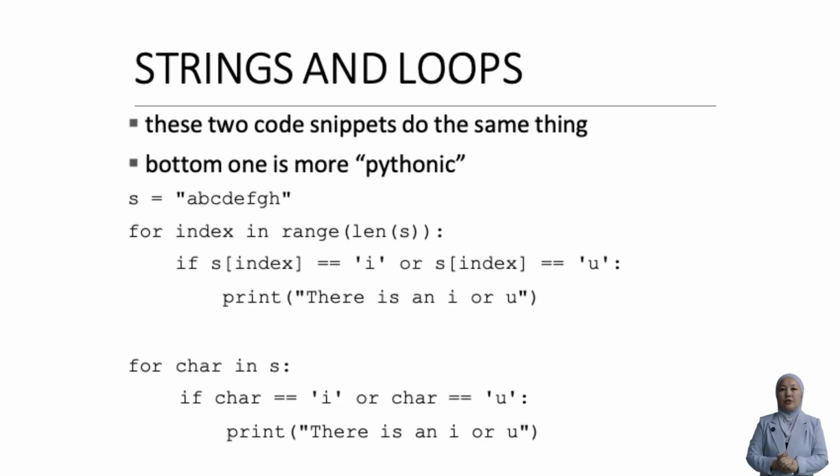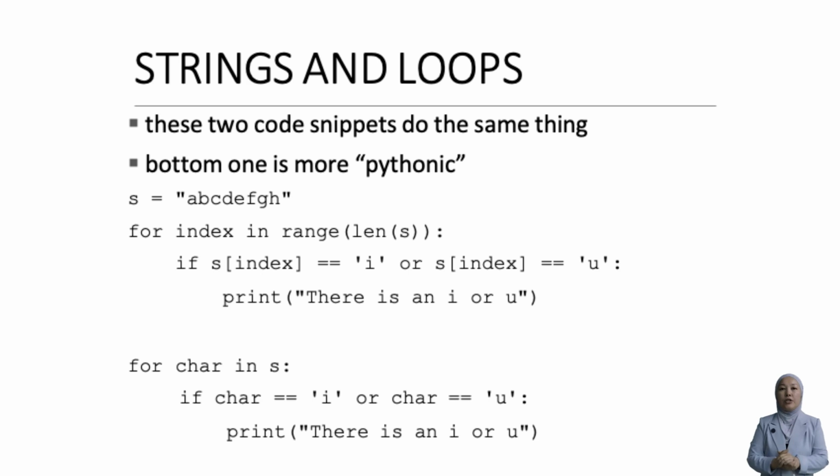This slide shows two philosophically different approaches to the same task, checking for i or u in a string. The first approach is index-based. We use for index in range(len(s)) to generate indices 0, 1, 2, etc. Inside the loop, we access each character as s[index]. This method gives you explicit control over the position, which is necessary if you need to know where a character is, not just what it is.